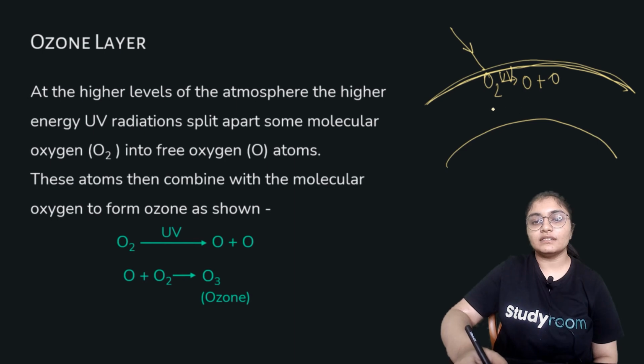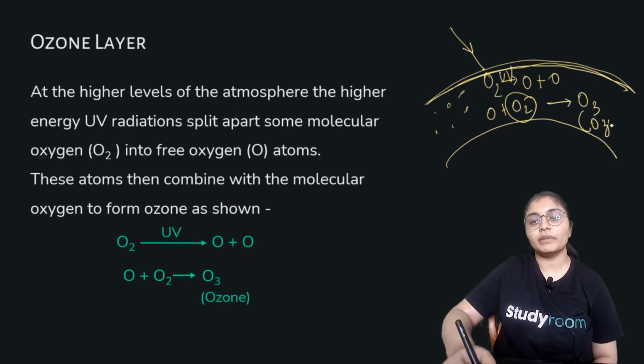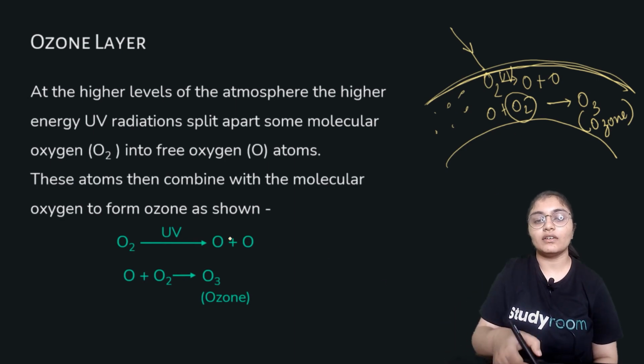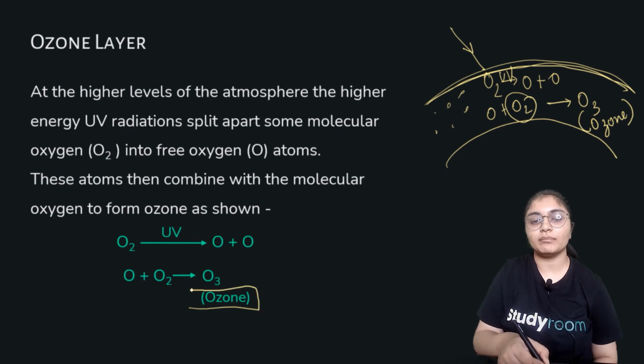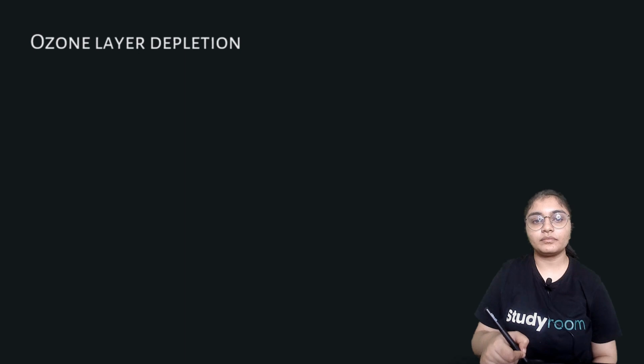This free oxygen then combines with another oxygen molecule, and there are so many oxygen molecules here, to form ozone. So this is how the breaking and combining of oxygen happens, and this ozone layer is formed and maintained in the higher levels of the atmosphere, which protects us from the UV radiations.